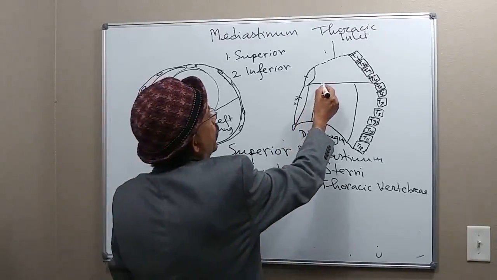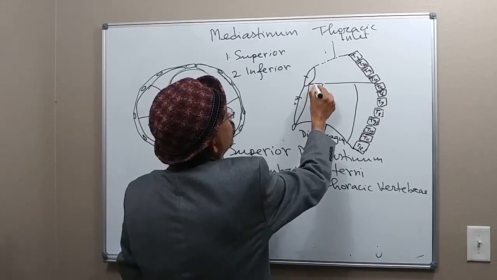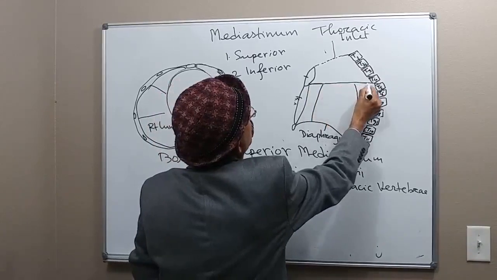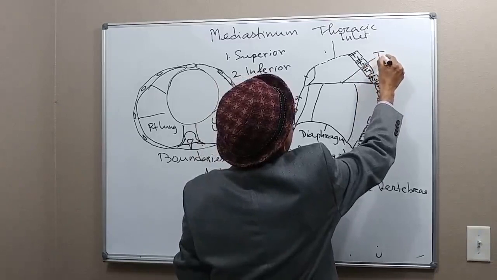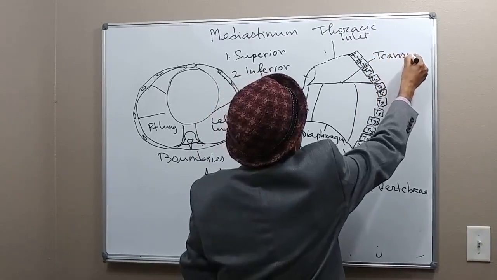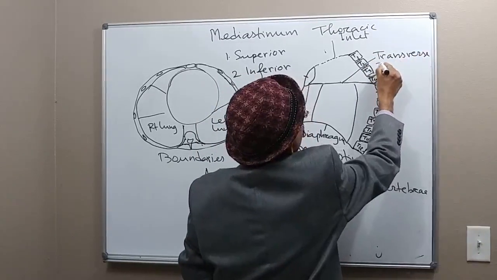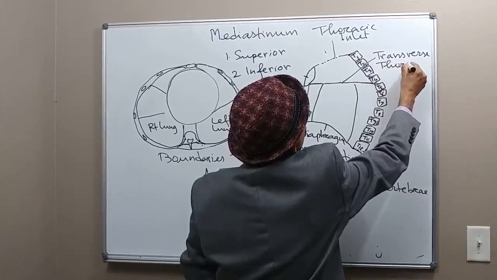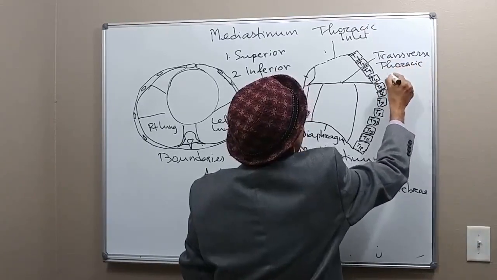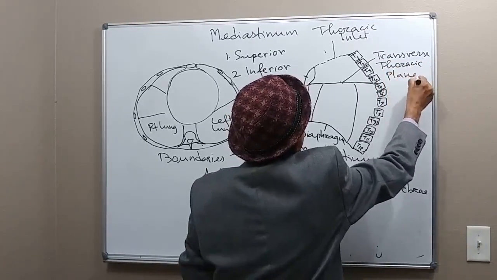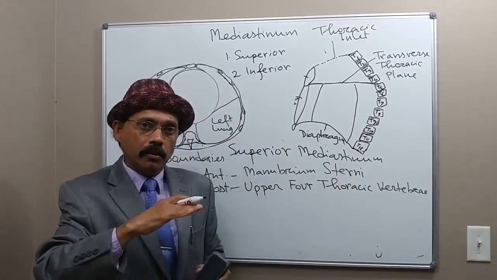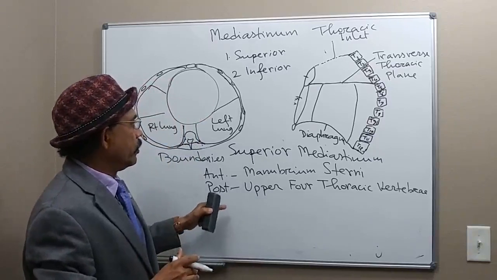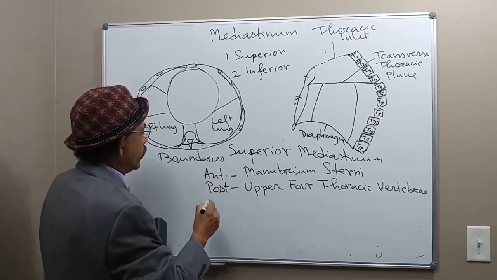Below, it is bounded by a plane called the transverse thoracic plane. The transverse thoracic plane forms the lower boundary of the superior mediastinum.